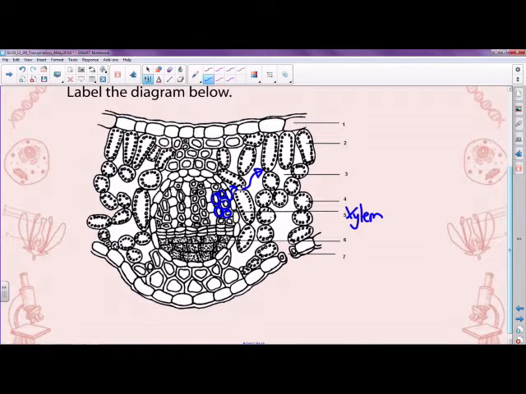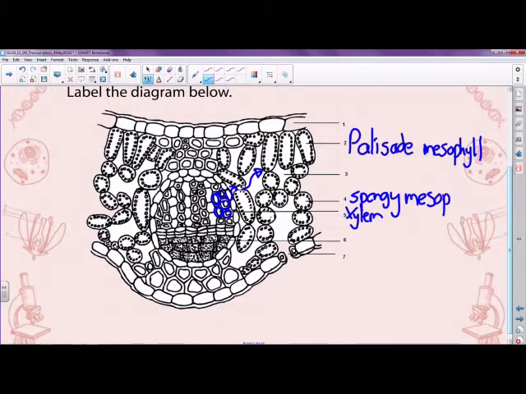The cells responsible for photosynthesis are primarily these number 2 cells, the palisade mesophyll, and its little partner over here, the round ones, the spongy mesophyll. Remember, mesophyll last week meant middle. Now that's the water, now it's at my palisade mesophyll and my spongy mesophyll.